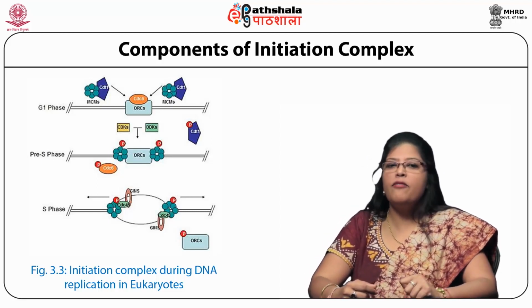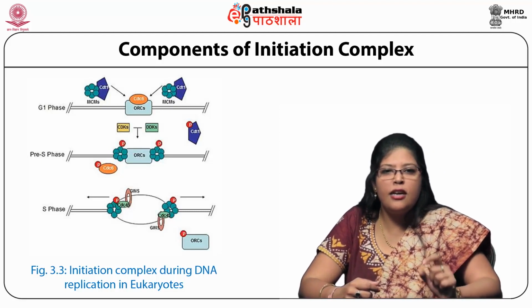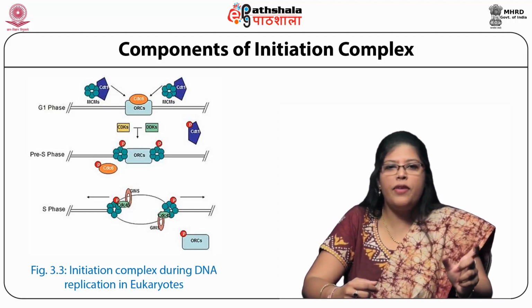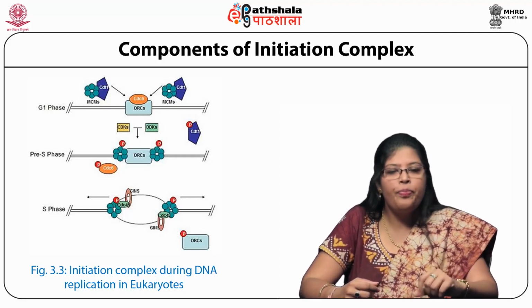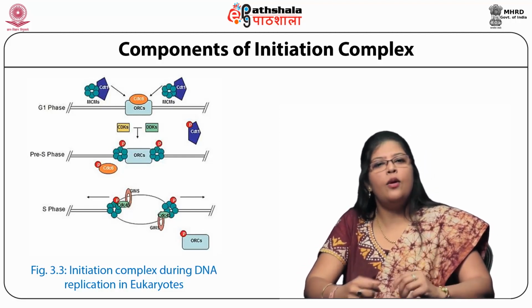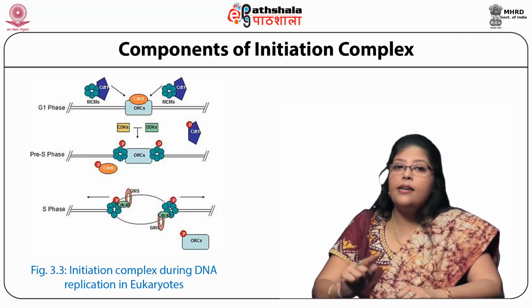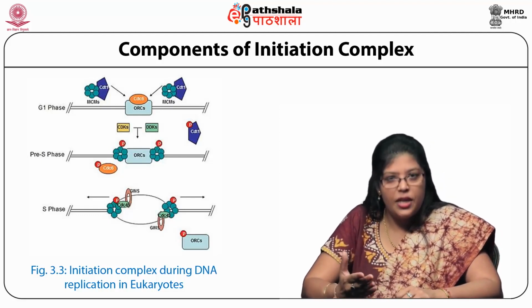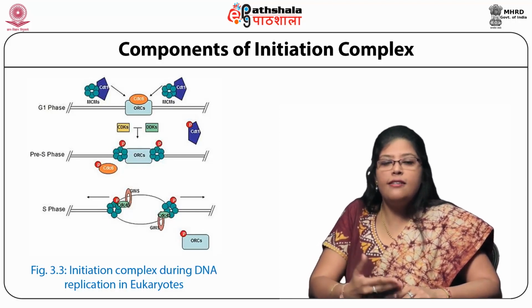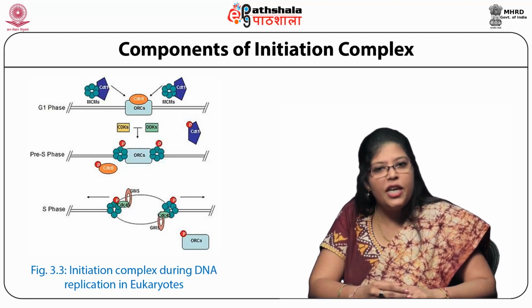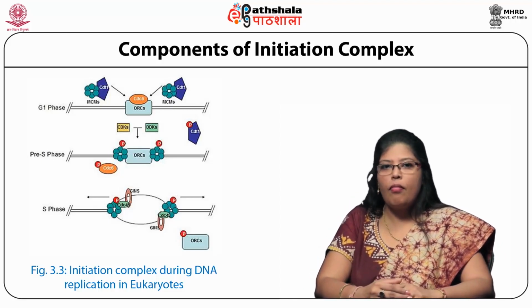CDT1 is a licensing factor which acts as the single important switch, which during the non-replicative phase is present in the cytoplasm and can access the DNA only after the disintegration of the nuclear envelope. It is this licensing factor which, as the name suggests, provides the license or the final trigger to initiate DNA replication.